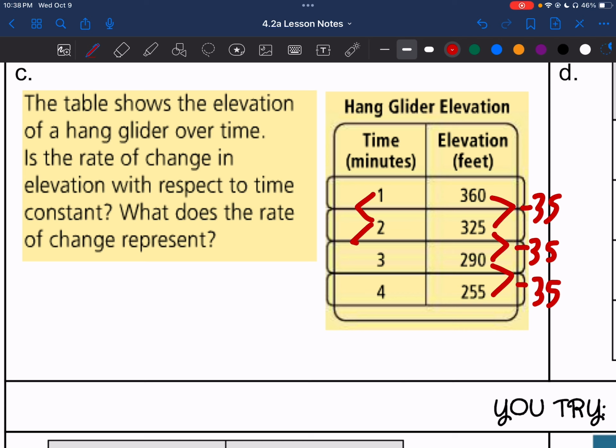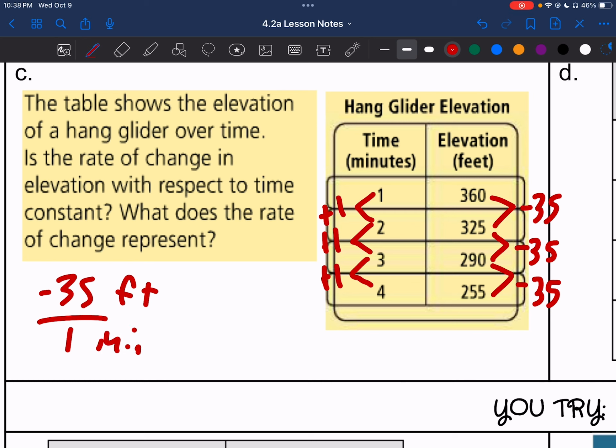My x values are increasing by 1. So our rate of change is negative 35 over 1. And what does that represent? Well, it's feet per minute. So meaning we decrease 35 feet every minute.